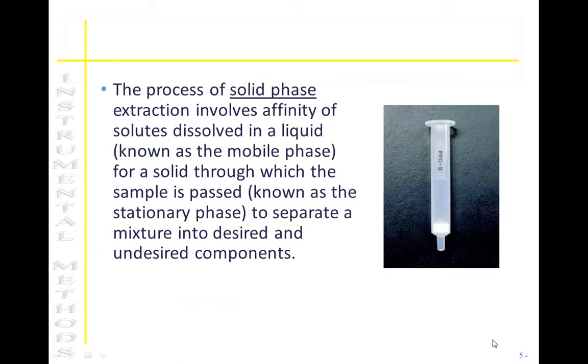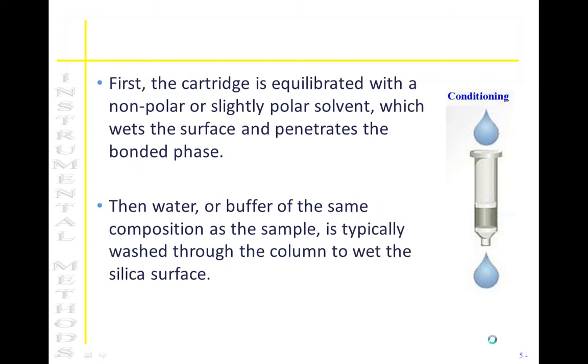In a solid phase extraction process, it takes advantage of the analyte having more attraction to different materials. So you take advantage of the solvent, which is going to be the mobile phase, but then also a stationary phase, which is going to attract that analyte to allow for the separation of the materials.